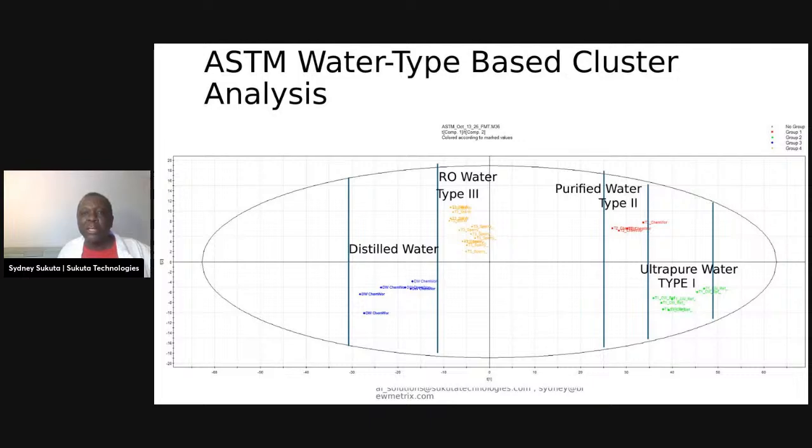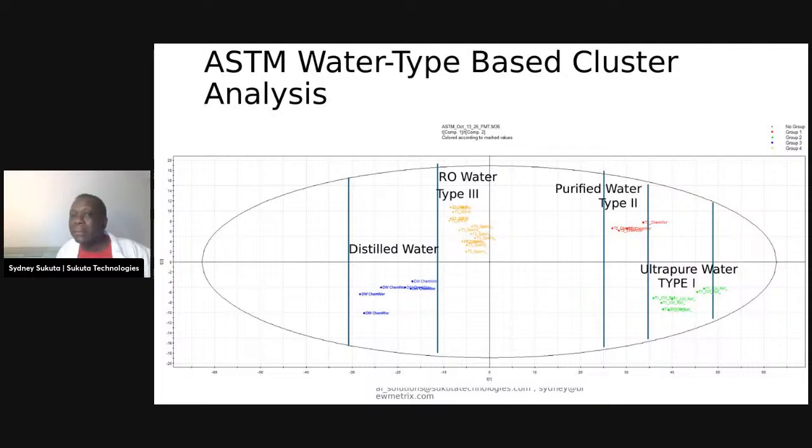This is what I showed you earlier, but I'm trying to show that when we analyze this, these are like longitudinal modes. We do not expect pairs of longitudinal modes, parallel lines, to overlap; sandwiched in between there's ultra pure, type 2 water or purified water, RO water, and so on.